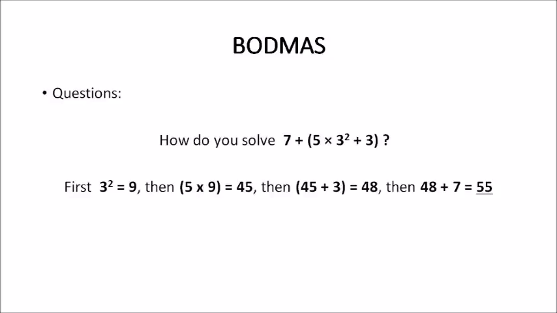We just expand the 3 squared to make it 9. So first 3 squared is equal to 9. Then we'll do 5 multiplied by 9 to give us 45. And then we take the 45 and add it to 3. We're still doing the brackets. This is just the brackets. That gives you 48. And then you take the 48 and add 7 to give you 55.